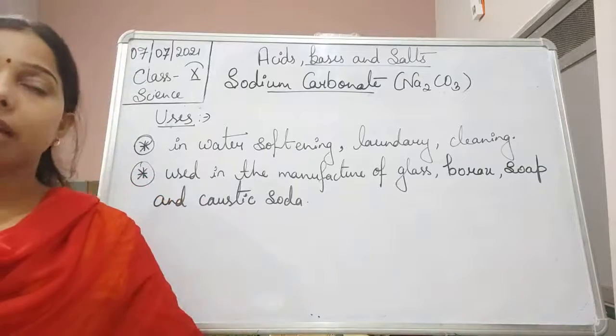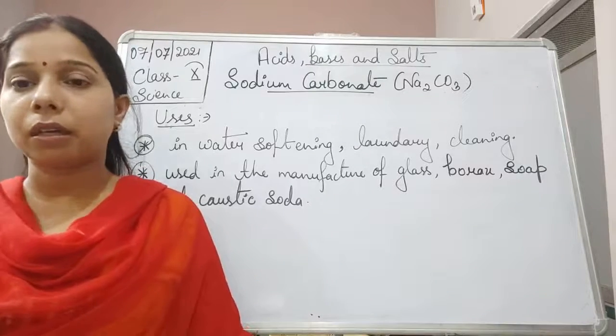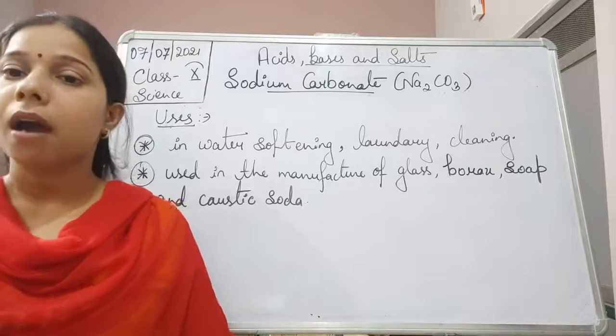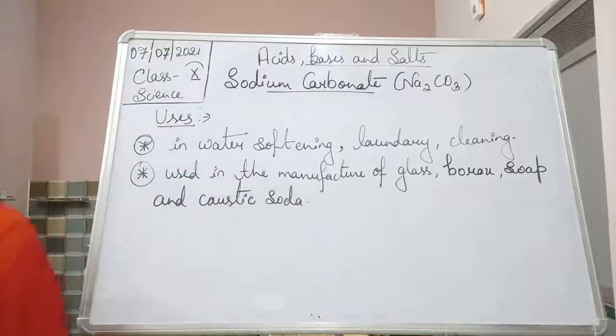Actually, we have seen that when sodium carbonate is combined with hydrochloric acid, there is a formation of sodium hydroxide. So we can say here that it helps in the formation of caustic soda.